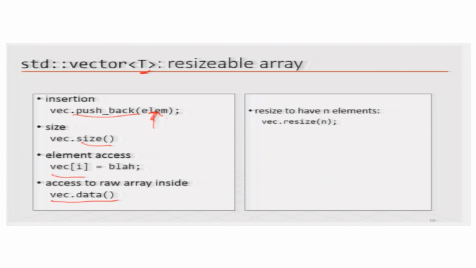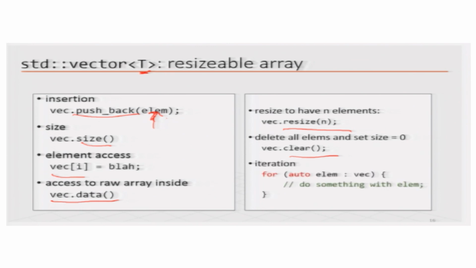Now, sometimes when you add things in the vector, let us say initially you define the vector of a certain size and then you want to add more stuff into the vector. In that case, because you realize that the initial size that you thought of is not enough, you can call a resize function and it will resize it to have another n number of elements in the vector. You can also clear out a vector with a clear function, which deletes all the elements and sets the size to 0.